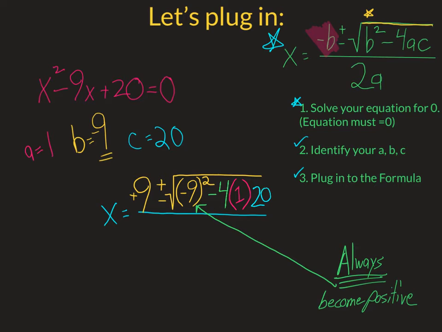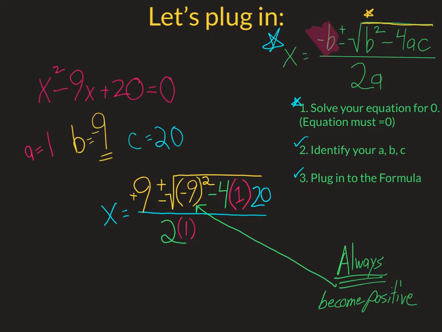And there we go. So we've plugged in on the top row, and then on the bottom, again, that 2 is just part of the formula. Always, always, always 2. 2 times A, and the A is 1. Okay? Now from there, we do our calculations, and then we find out our two solutions.